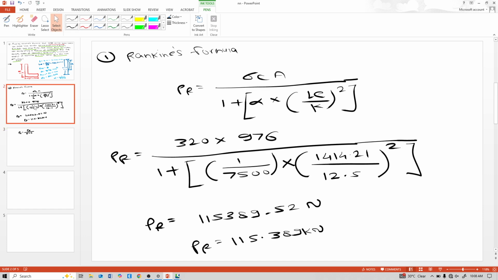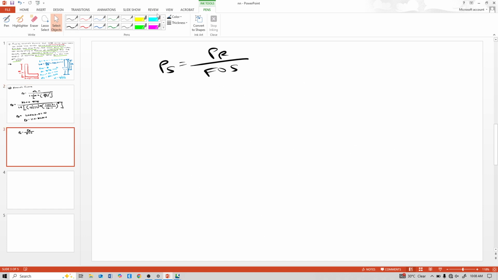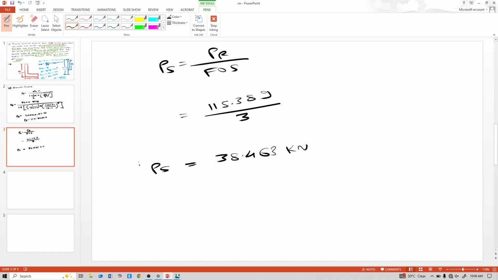So the buckling load is 115.389 divided by the factor of safety 3. So that safe load is 115.389 divided by 3. It is 38.463 kilonewton. So this is our objective, and it has been completed.